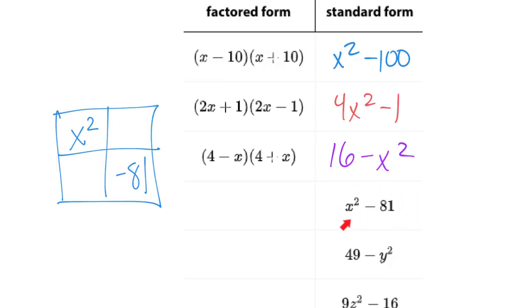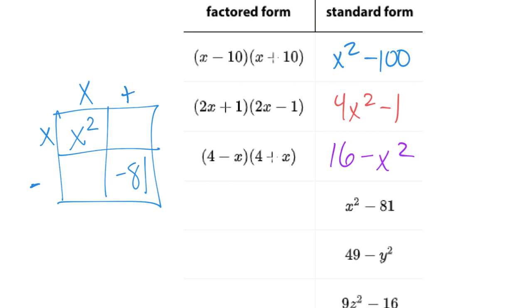Now we're going from the standard form and creating the factored form. So I set up my diagram and I put in what I know, x squared minus 81. And I know that these two pieces are going to combine to give me 0x. So we start out by saying that, well, x times x is x squared. And this is a negative down here. So I know that I need to have a positive and a negative in order to multiply those to get a negative.